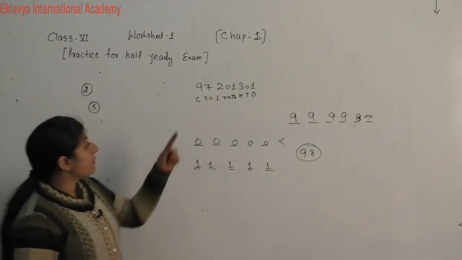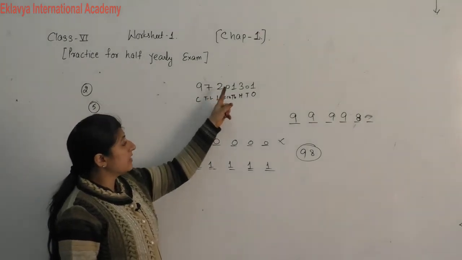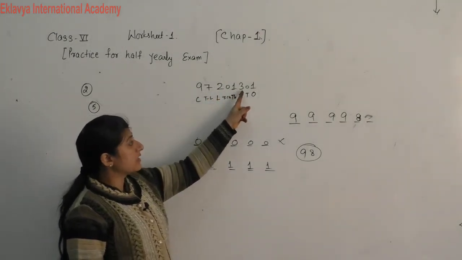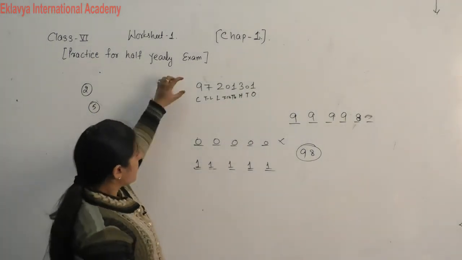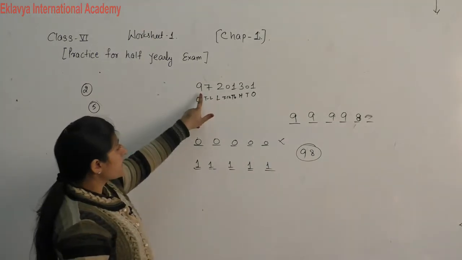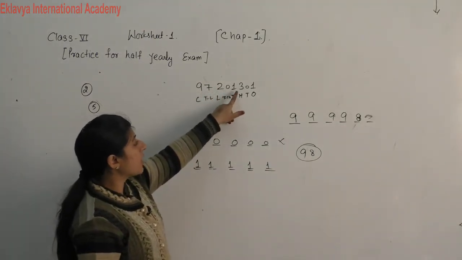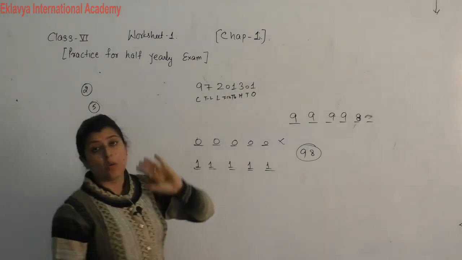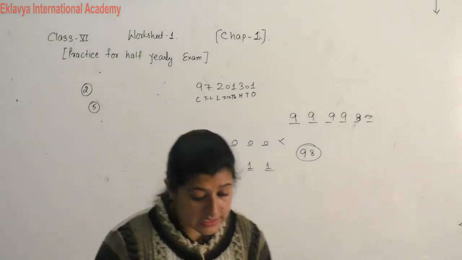It means this number becomes 9 crore 72 lakh 1301. In words, we can express this number as 9 crore 72 lakh 1301.